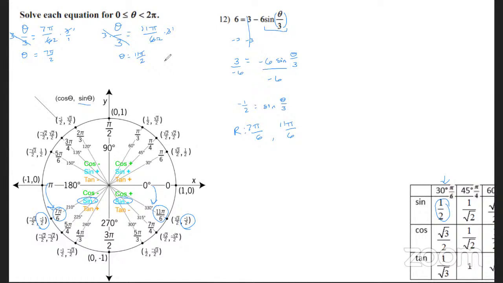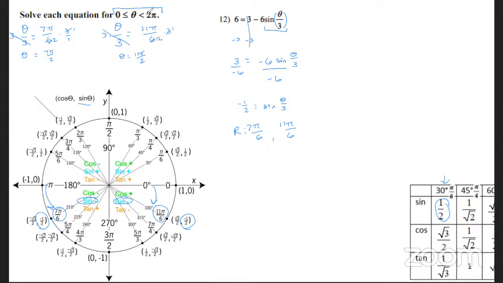So we've got these two numbers, 11 pi over 2 and 7 pi over 2. We need to see if they fit within our domain, where theta needs to be greater than or equal to 0 but less than 2 pi. For me, the easiest way is to plug in 3 for any time I see pi.